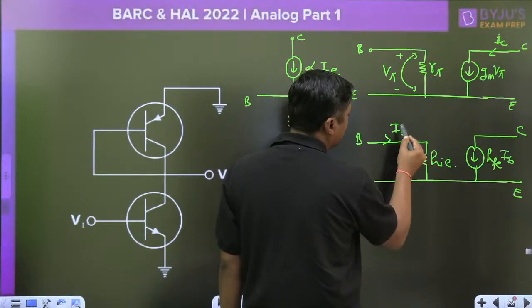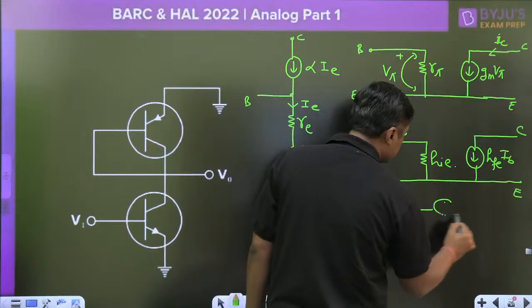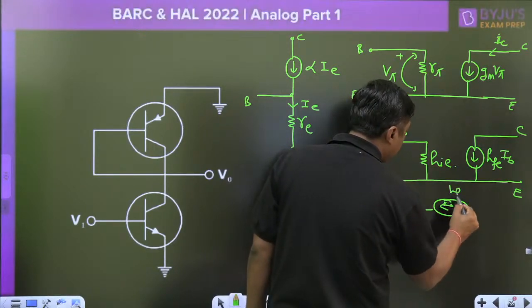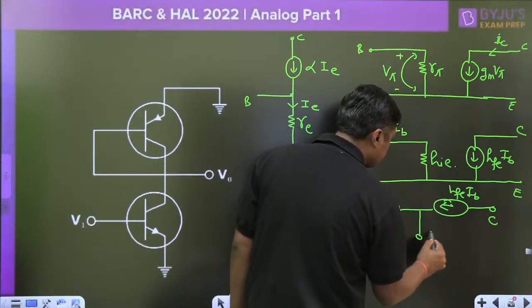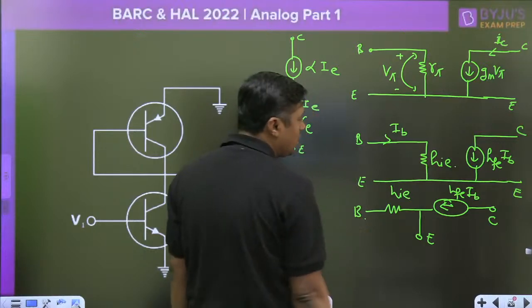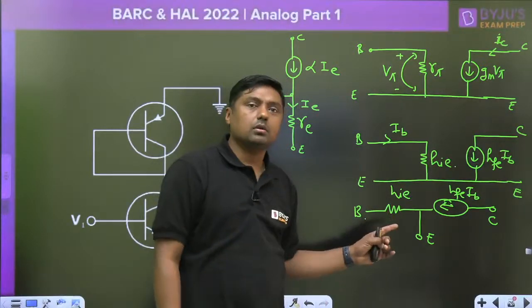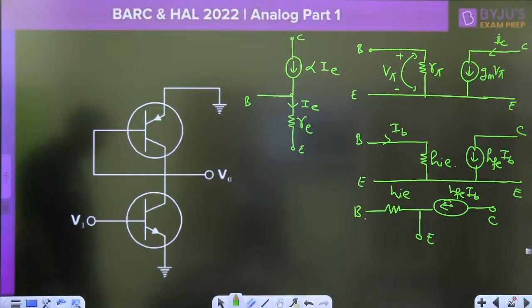This is IB. Normally we are using the model like this, with HFE IB, and this is the hie. So this is again like a T model, it is called the T model.